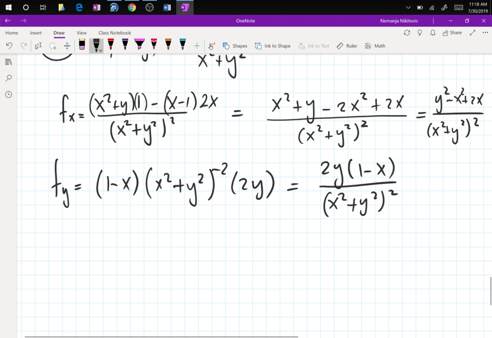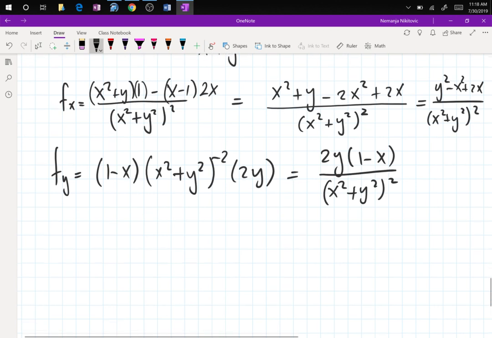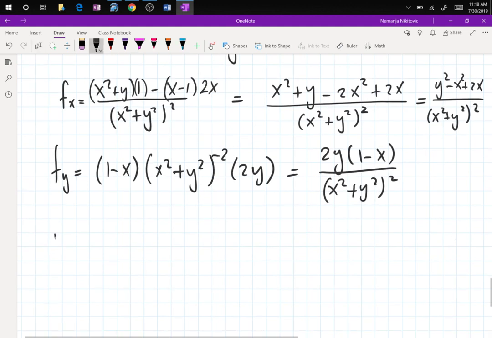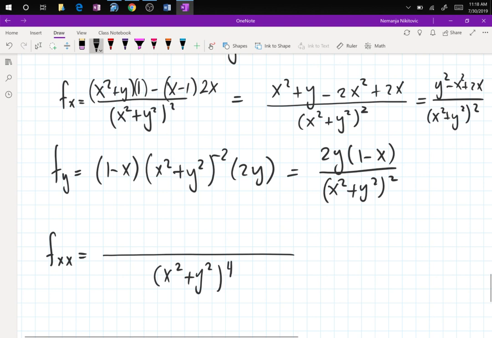Oh, I need second derivatives for each one. Kill me now. fxx. So this is going to be yet another quotient rule. This one is going to be a little bit spicier. x squared plus y squared, everything to the 4th power now. We have x squared plus y squared, everything squared.